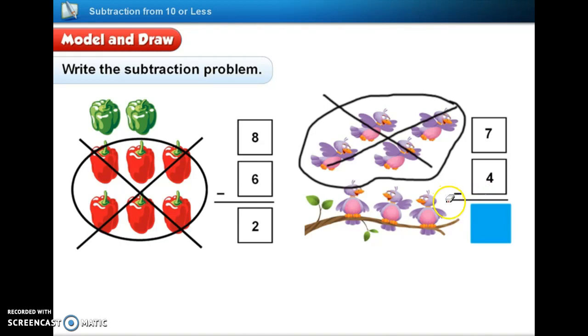Don't forget, this line means equal. So 7 minus 4 equals 1, 2, 3. Excellent. Equals 3. All right. Let's try a couple more before you go to work on your own.